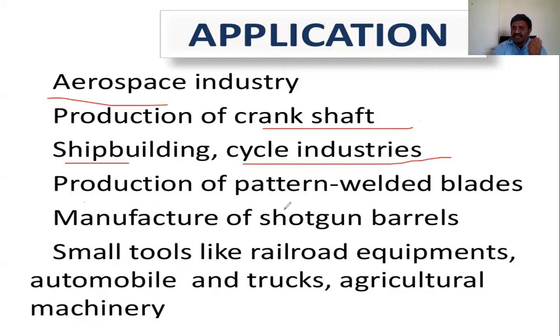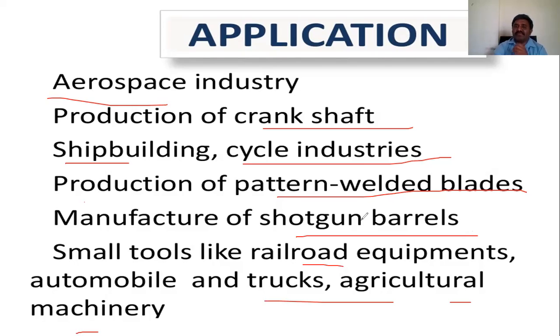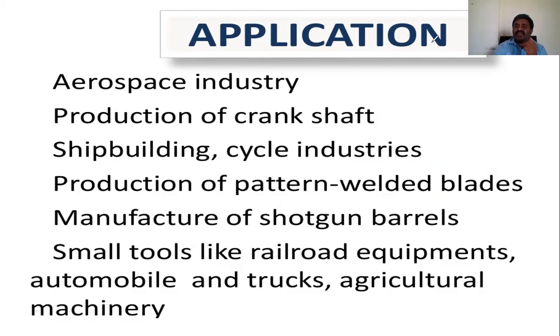We can even go with the production of pattern welded blades, and shotgun barrels, which we can also prepare using this type of forging only. Small tools, rails, road equipment, trucks and agricultural machinery were made this way previously. Now, with advances, we are using different types of welding.